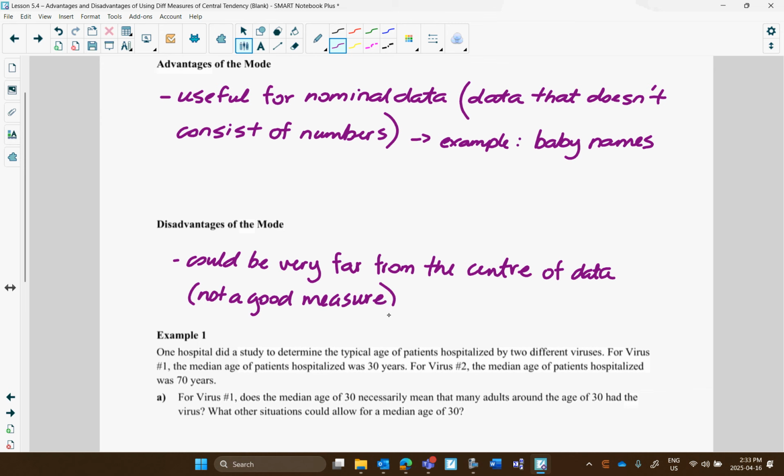Sometimes it might be close to the mean and the median. Sometimes it might be really far away from it, like really far below or really far above. It depends on what the data looks like. So you should be familiar, in general, with an advantage and disadvantage of each of those.